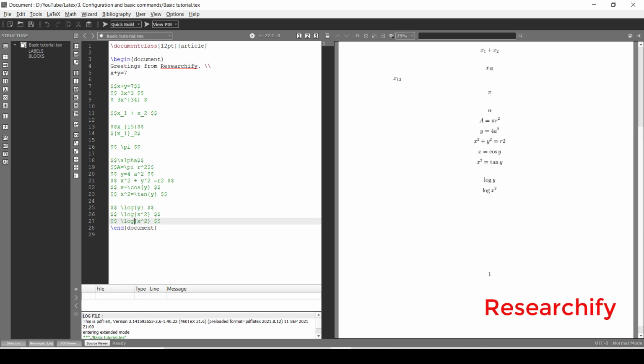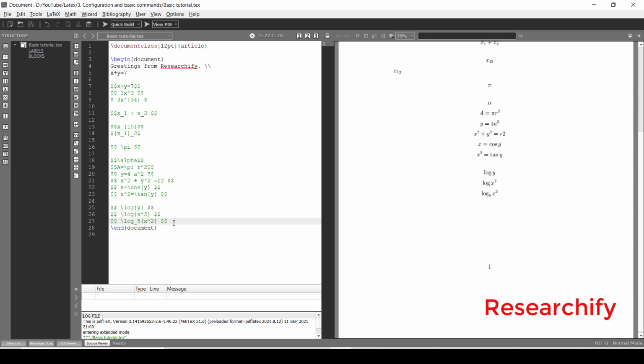Just write log and give the subscript. How do you write the subscript? Just keep underscore and 5. So log base 5 and in brackets x square. So what you will get? Log x square base 5. See, in this case log x square base 5.